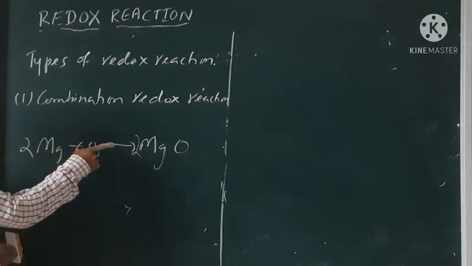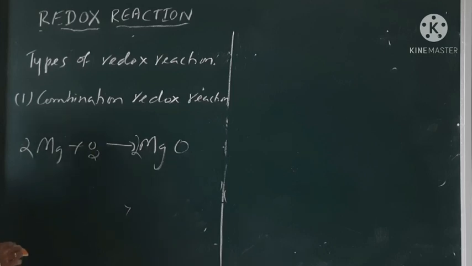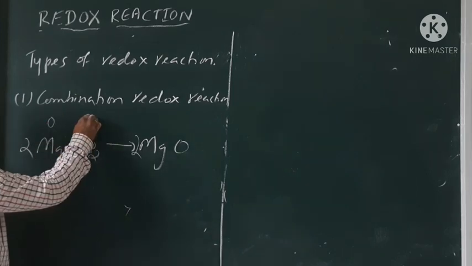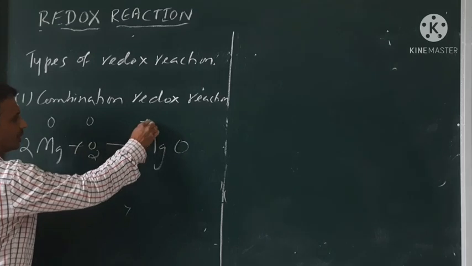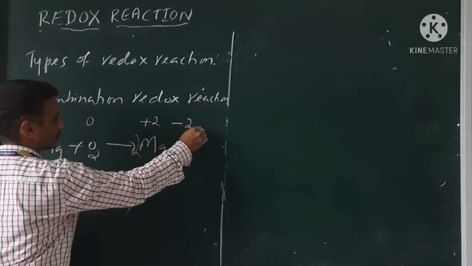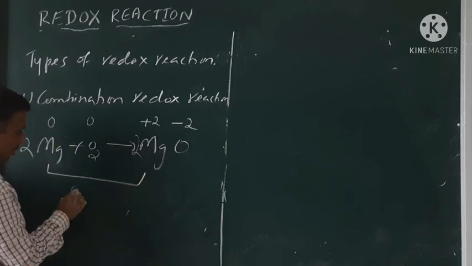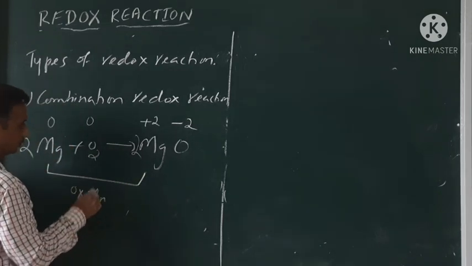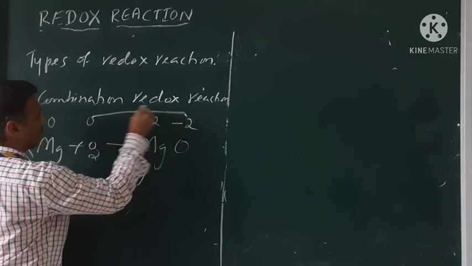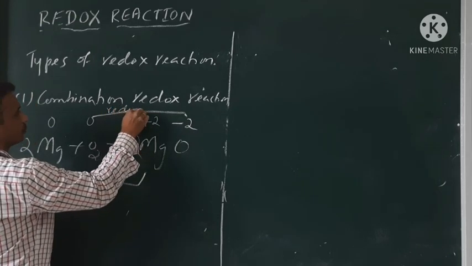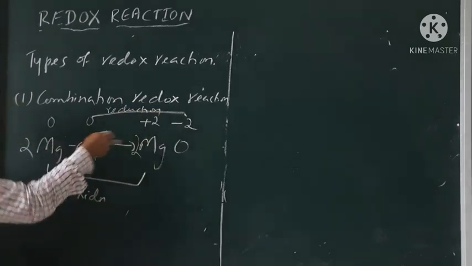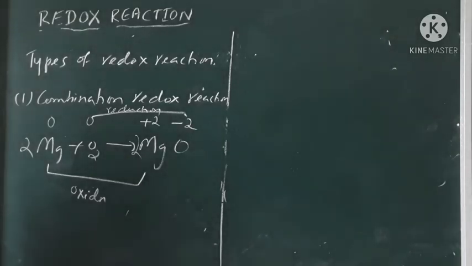What happens here? Magnesium is combining with oxygen. Magnesium is in the 0 state, oxygen also in the 0 state, whereas here magnesium is plus 2, oxygen is minus 2. So 0 to 2, there is an oxidation. 0 to minus 2, there is a reduction. So it is a redox combination reaction.